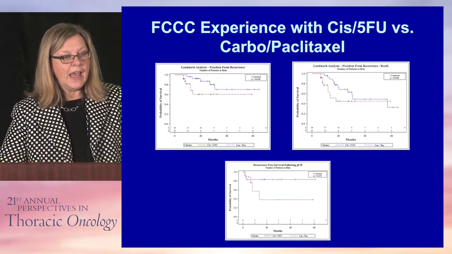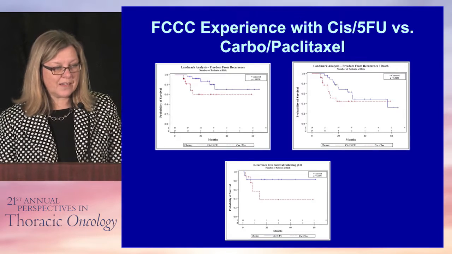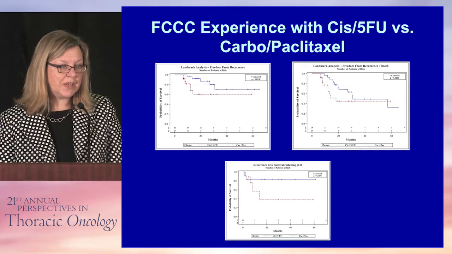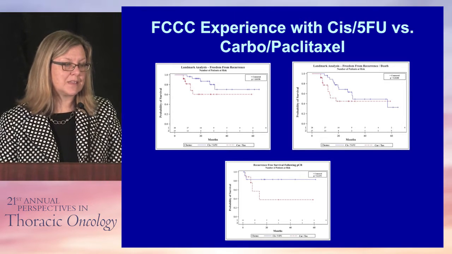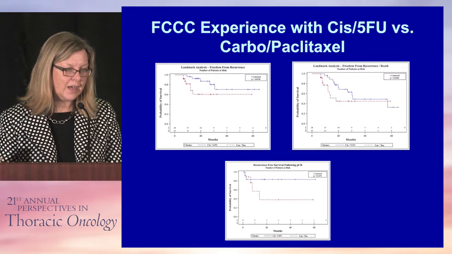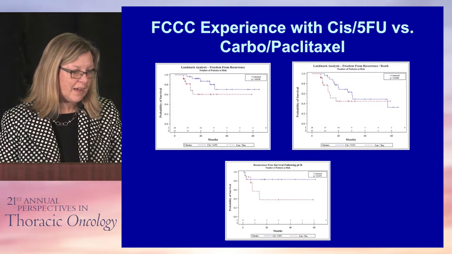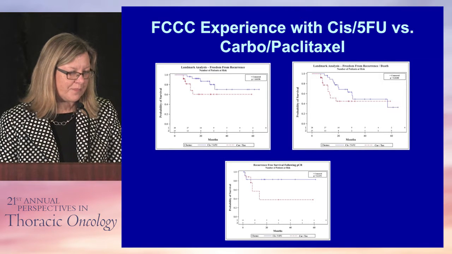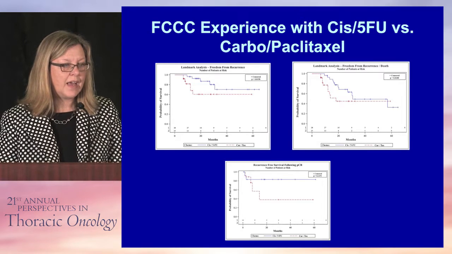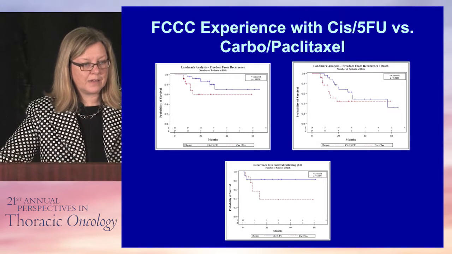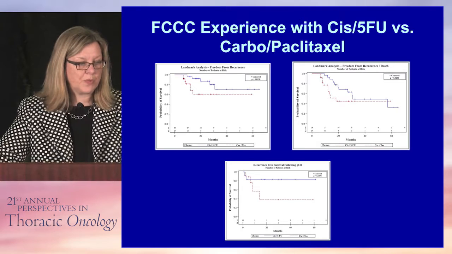But taking all of this with a grain of salt, we did appear to see that the carboplatin-paclitaxel was providing less benefit than the cisplatin 5-FU, and that whether you looked at freedom from recurrence or death, the platinum-based arm was performing better.